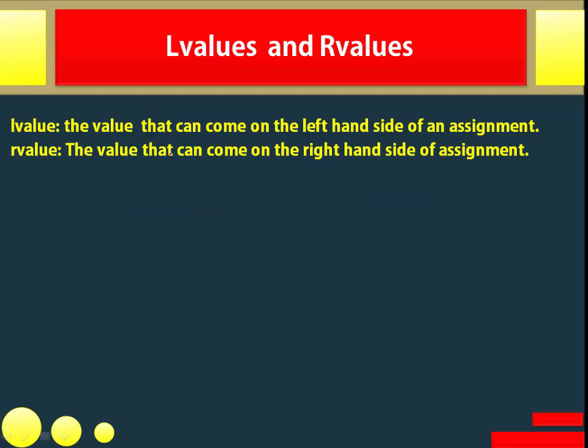Now next is Lvalues and Rvalues. So what is an Lvalue? An Lvalue is a value that can come on the left hand side of an assignment. An Rvalue is a value that can come on the right hand side of the assignment.